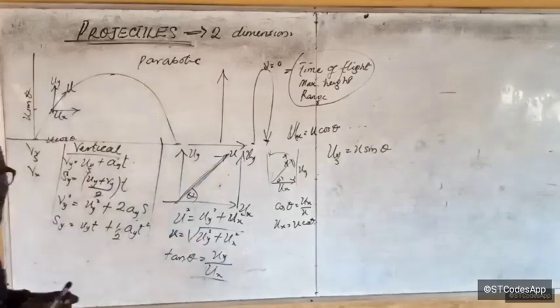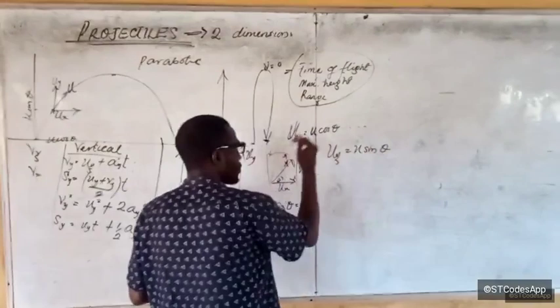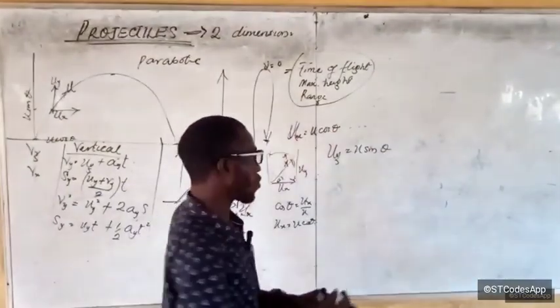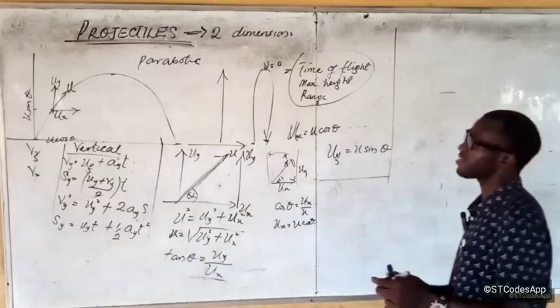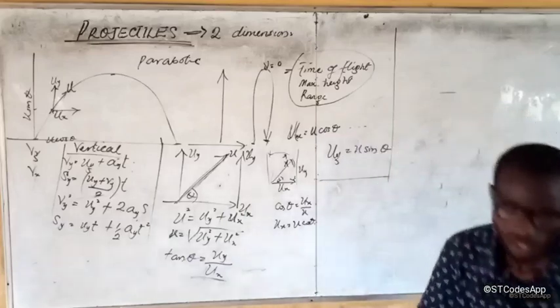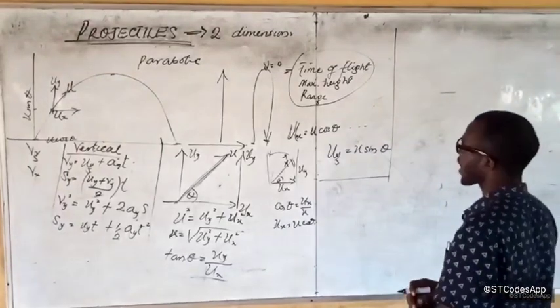Don't cram. It is understandable. U on y component, u sine theta. U on x component is u cos theta. Then from here, we can begin to derive our equations. So first, let's talk about the velocity on y component.